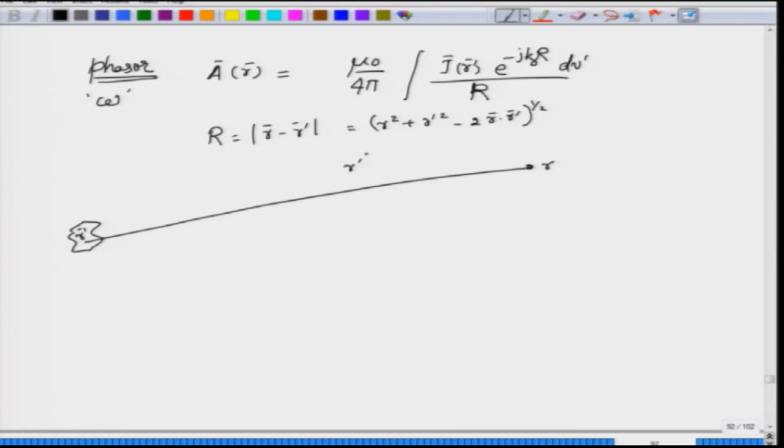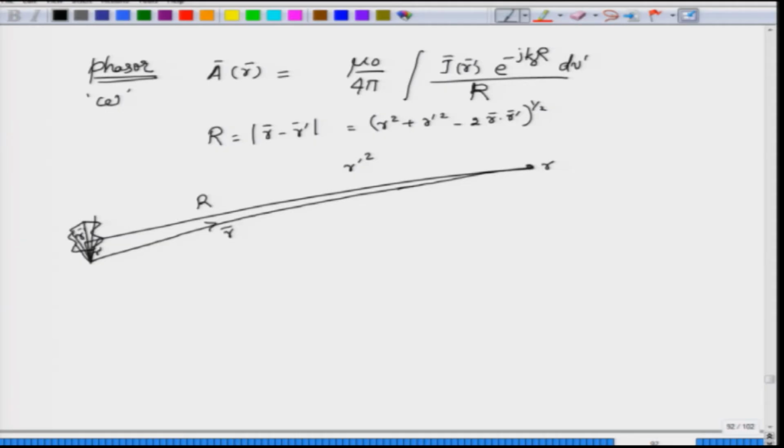So, what we essentially mean is that this r prime square, which would represent the magnitude of this r prime vector, right. And this is the r vector actually. So, this is the capital R vector magnitude, and this one is the small r prime vector, right, to the source. So, this length is very small no matter where you take the point.